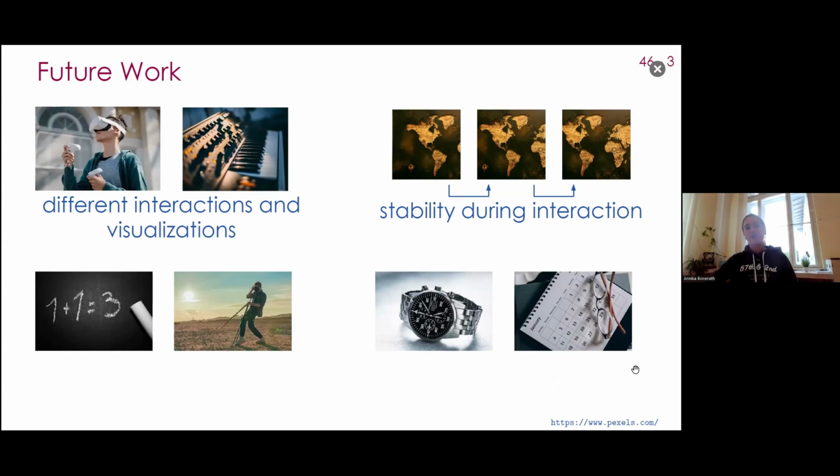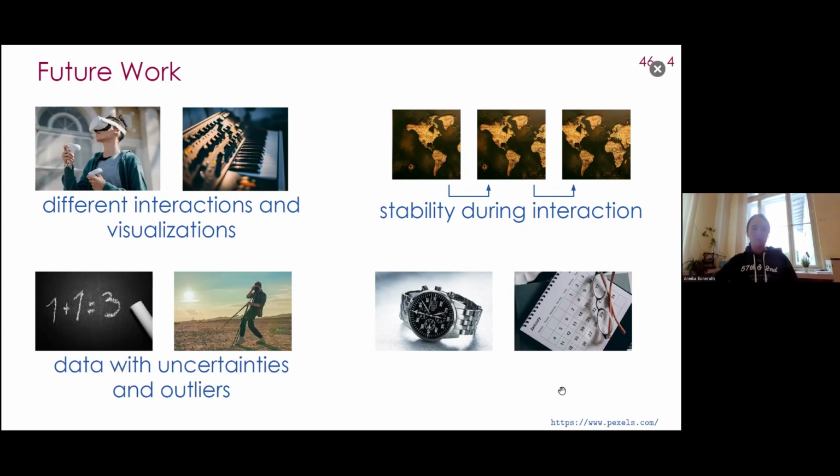Then there are also other stability criteria that are needed for different kinds of interactions. For example, here I wanted to show the panning, meaning you move the map to the one or other side and still the visualization should be stable so that there is no flickering effect.